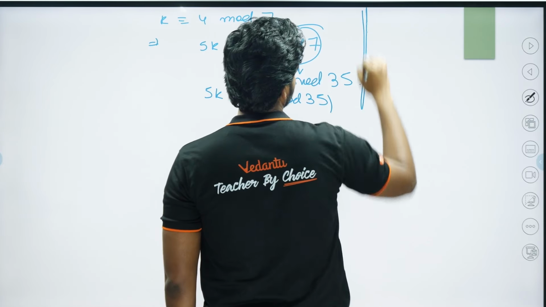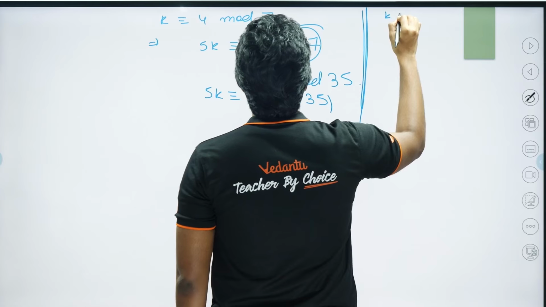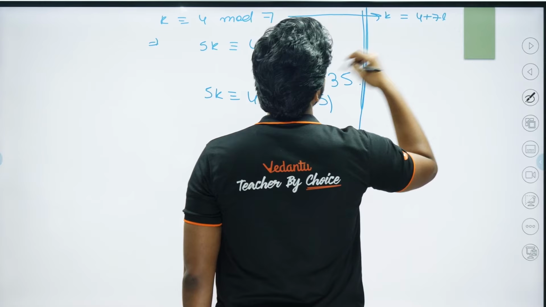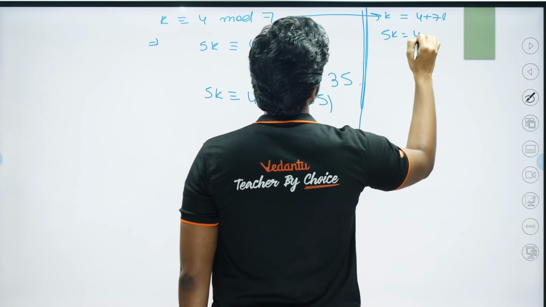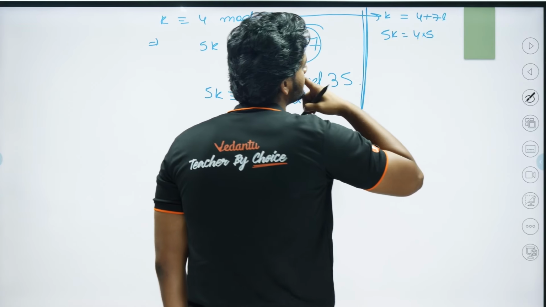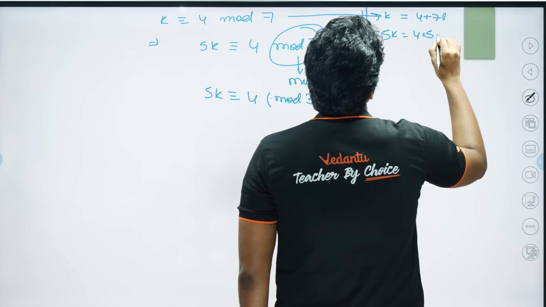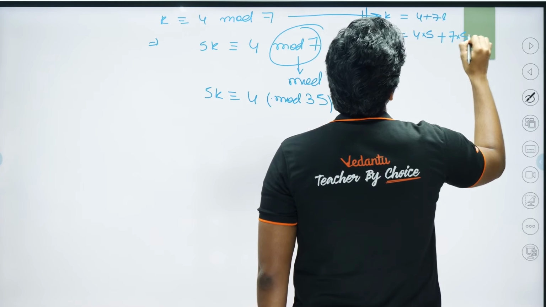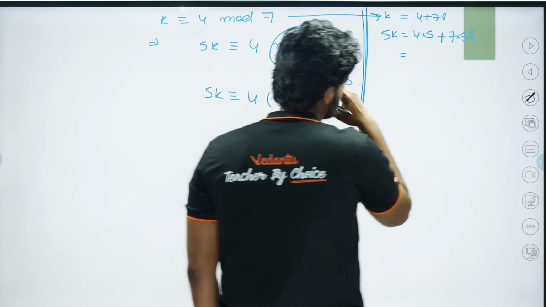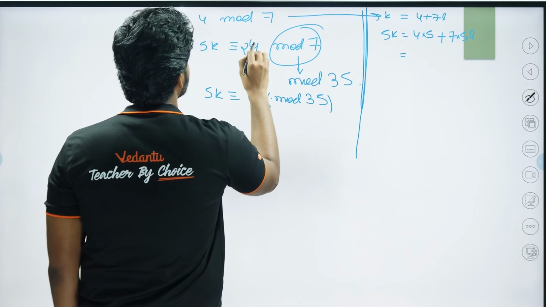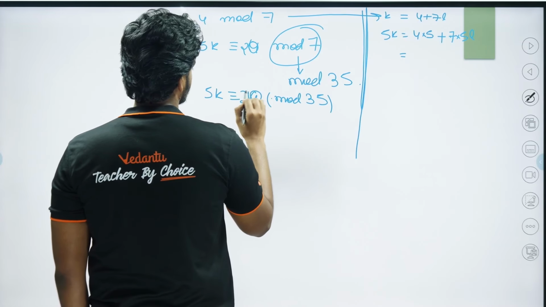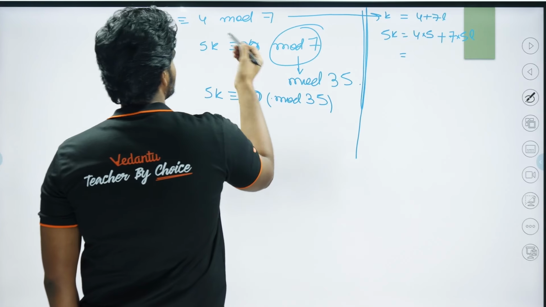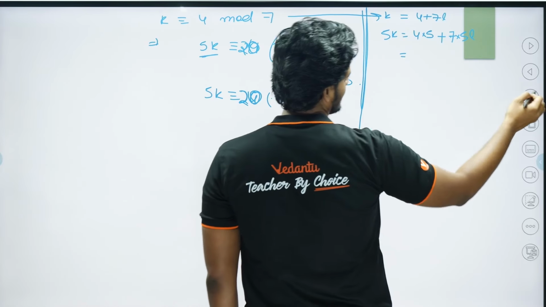Why? k congruent to 4 mod 7 means k is equal to 4 plus 7L. Then 5k is equal to 4 into 5, but it's also 7 into 5 into L. Okay, I have to do 20 here. This is not 4, of course not. I have to multiply by 5. It is always 5k is 20 mod 7. Okay, that's my bad.